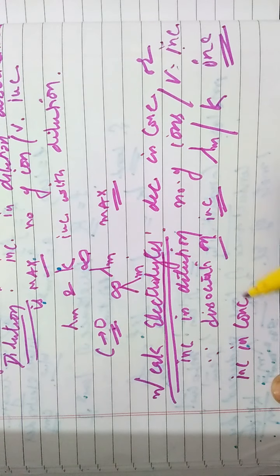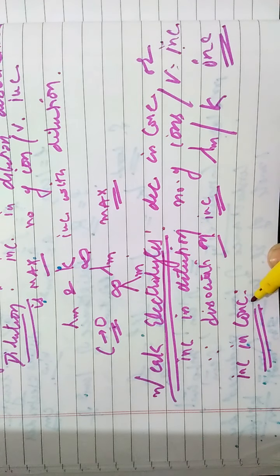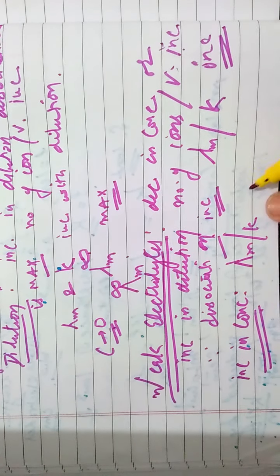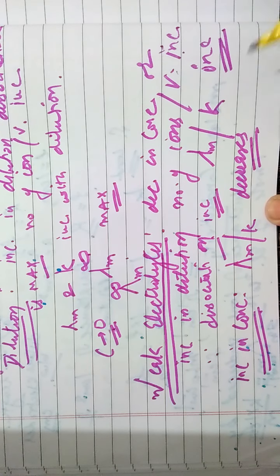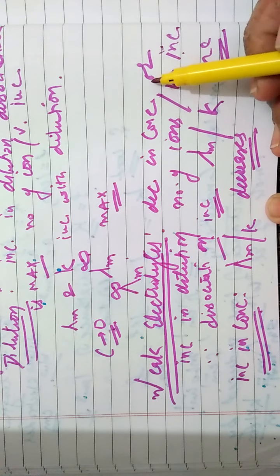Next we will talk about the increase in concentration. What happens for the weak electrolytes if there is an increase in concentration? For weak electrolytes, if there is an increase in concentration, then the molar conductivity or conductivity decreases, because they do not dissociate completely.